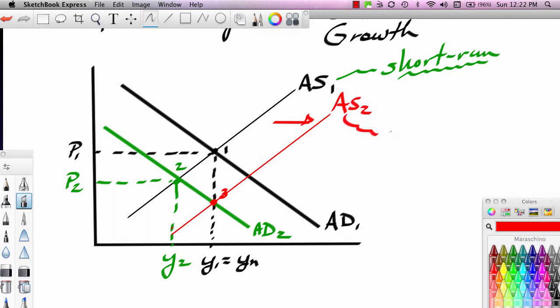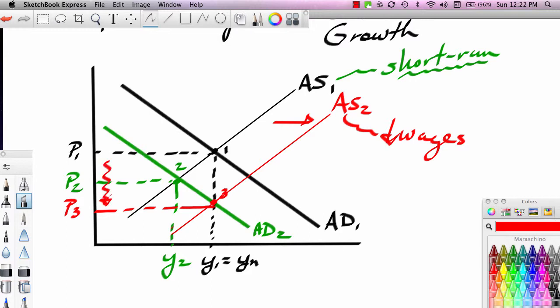So lower wages are pushing the aggregate supply curve to the right, and the effect of that is to move the economy back towards full employment. So as we shift that aggregate supply curve to the right, the price level falls even further.